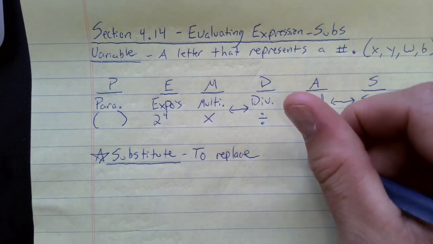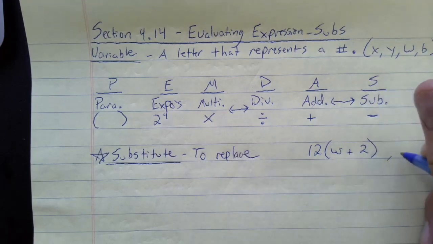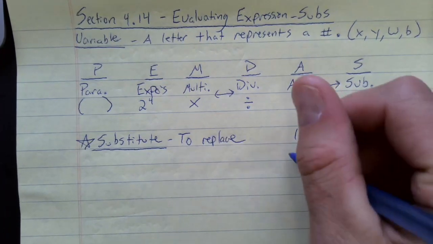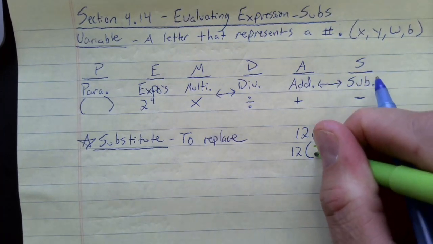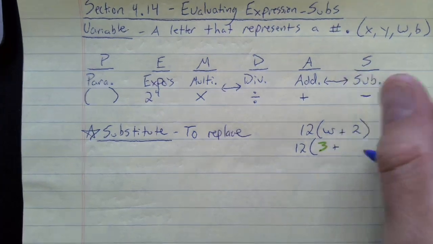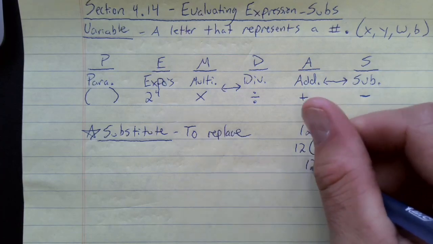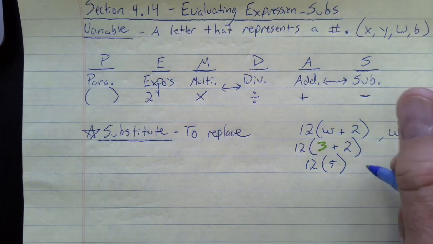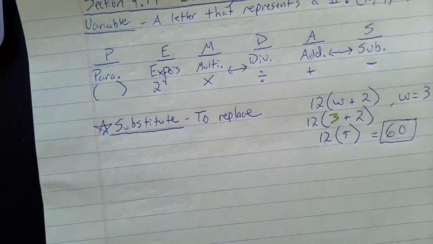So when you see something like 12 times the quantity W plus 2, and we're going to say that W equals 3, what we do is we just plug and play. 12 times the quantity 3 plus 2, and then we run our PEMDAS. Parentheses is first. 3 plus 2 is 5. And then we multiply. 12 times 5 equals 60. 60 is your answer. That's it.